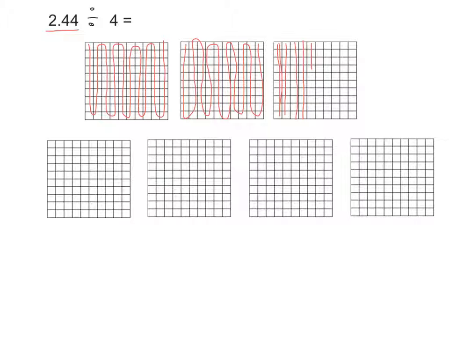And I know my second number tells me how many groups I need to break that amount up into. So there are my 4 grids. Now I have plenty of rows, so I can start by giving each grid a row. So 1, 2, 3, 4.